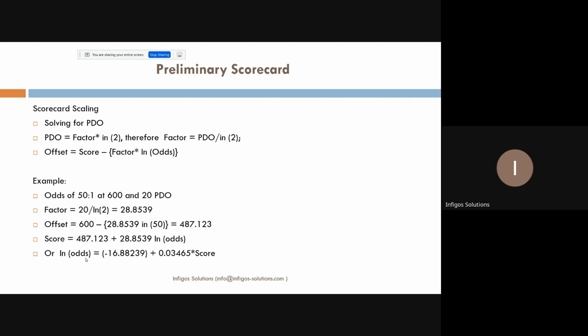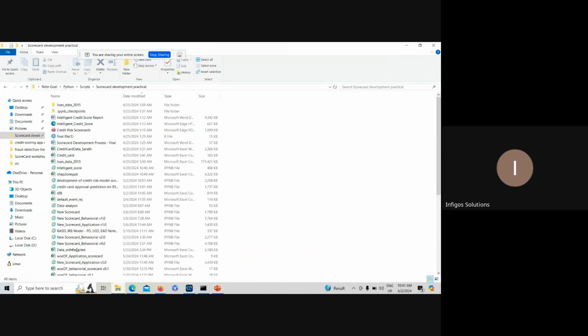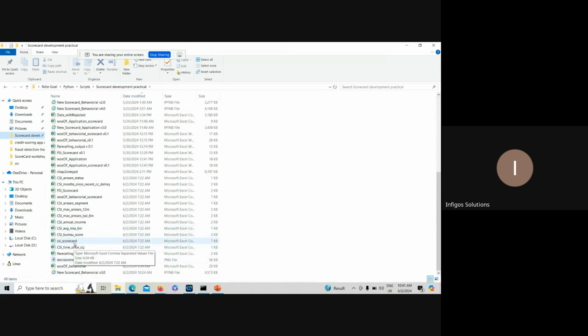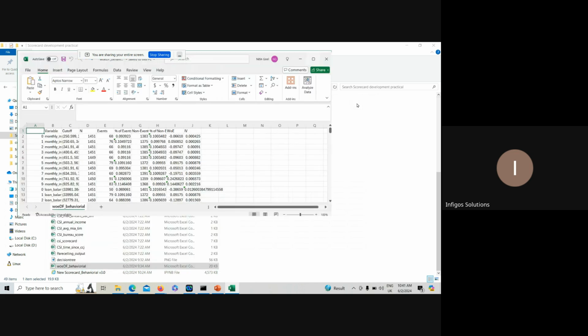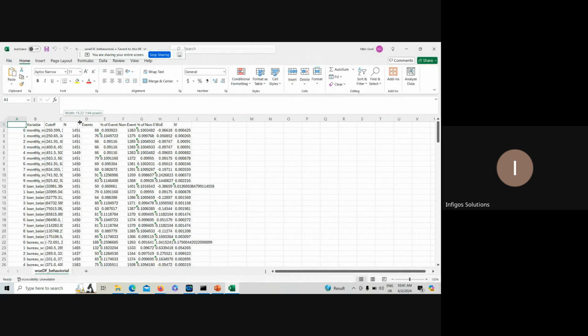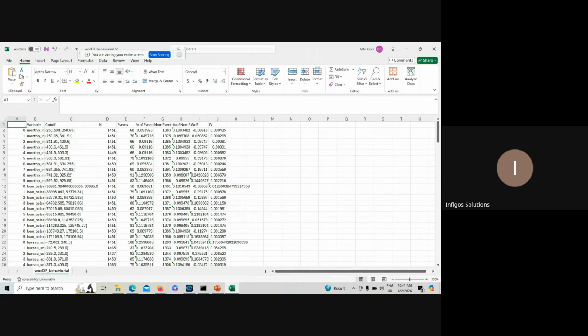It gives stability to your model, because when you create attributes out of a variable, like we created 10 attributes yesterday, for instance, I have created these many attributes from this variable.